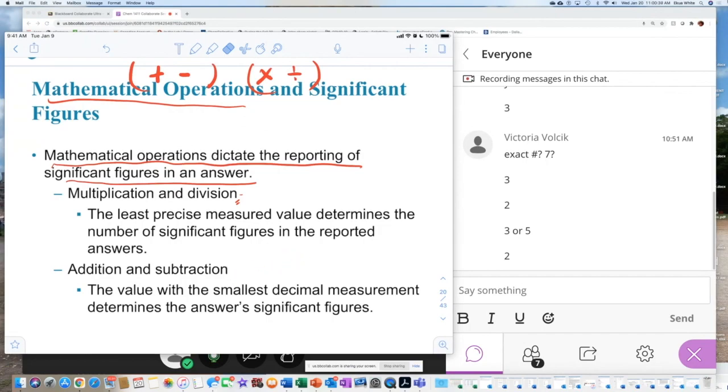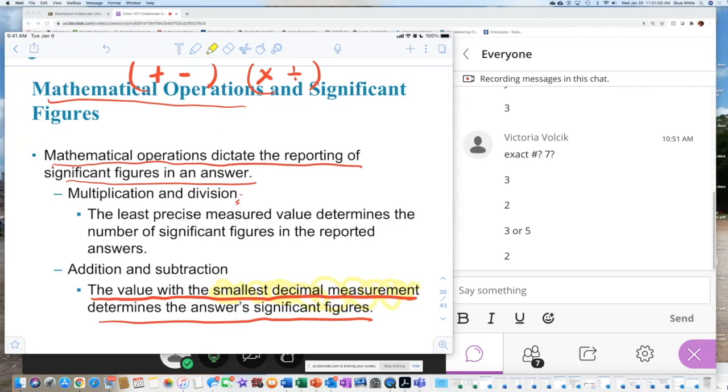So for the harder one, what we're going to do here is, it says the value with the smallest decimal measurement determines the answer of the significant figure. Okay, this is so significant. What I'm trying to say here is when they say the smallest decimal measurement, that is what we're checking for.